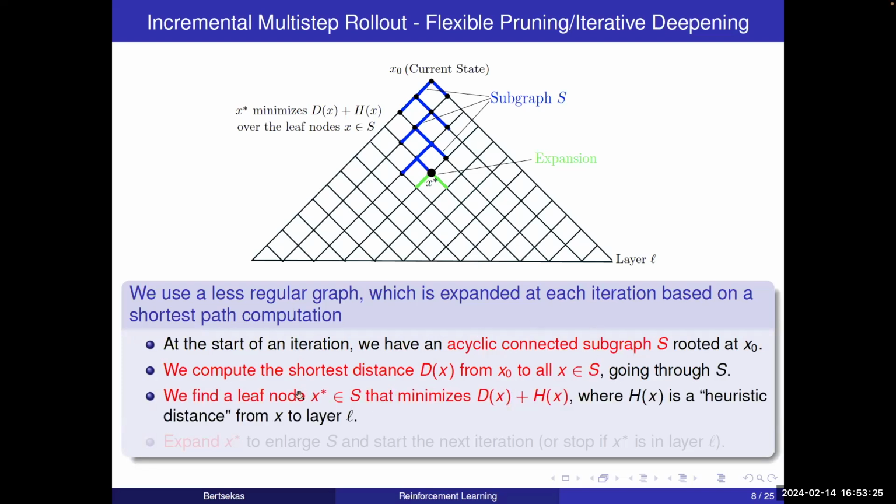Then we find the leaf node x star that minimizes this sum. So d of x is the length of the shortest path from x0 to x.